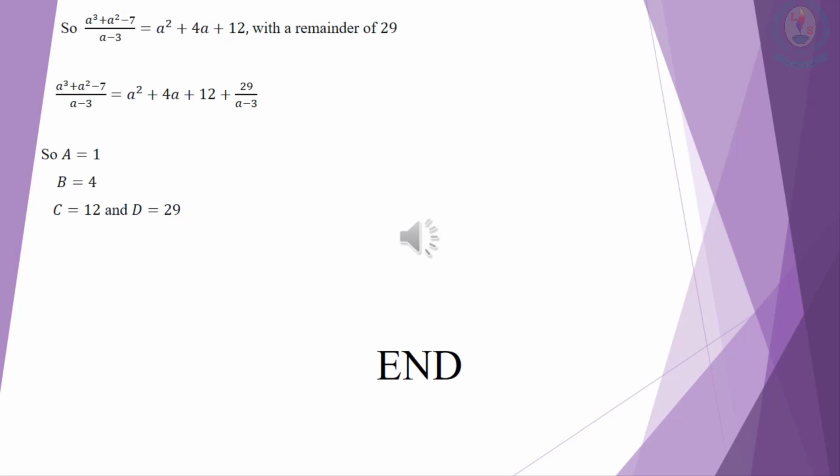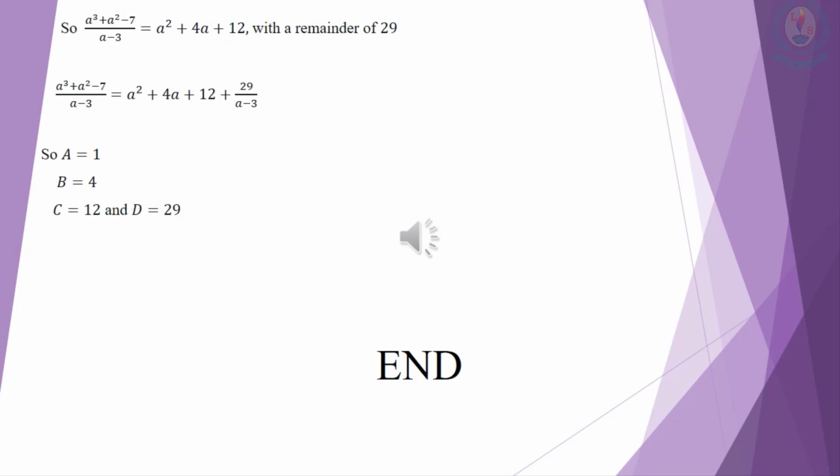So we can write it as a to the power 3 plus a to the power 2 minus 7 divided by a minus 3 is equivalent to a squared plus 4a plus 12 plus 29 divided by a minus 3.